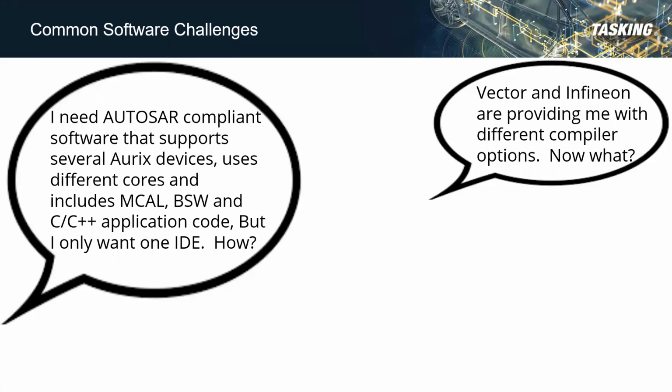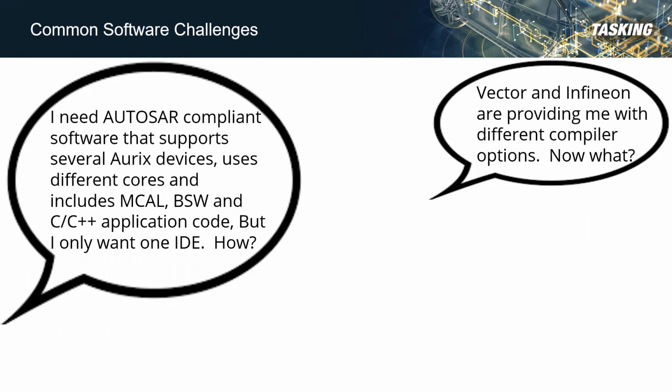You also have the case where Vector and Infineon are providing different compiler options, like I mentioned, but you also have the case where, say, for your MCALs, Infineon will only verify certain versions of their compiler to be MCAL compliant. What if you need to use a feature for your application that's in a different version of the tool set?